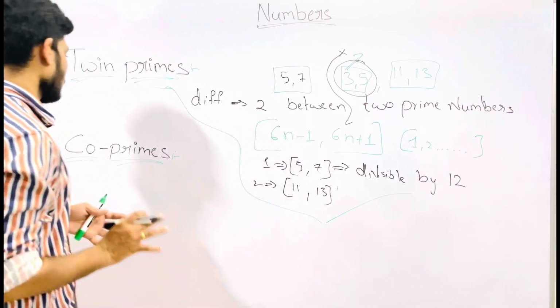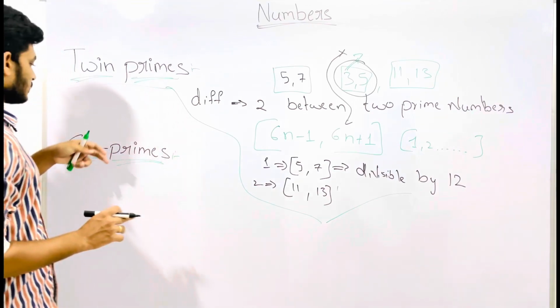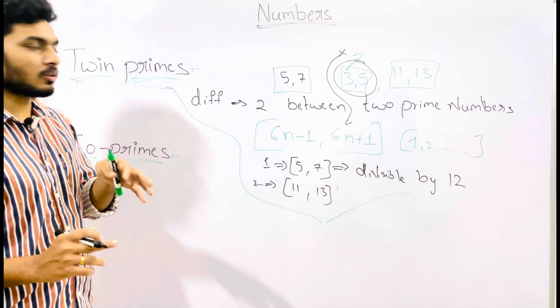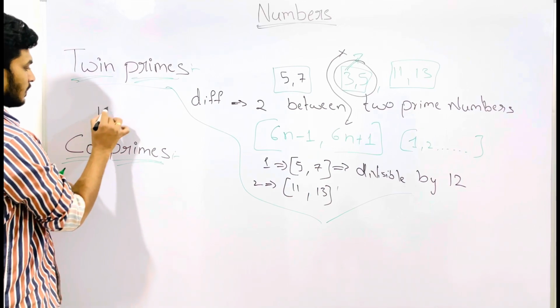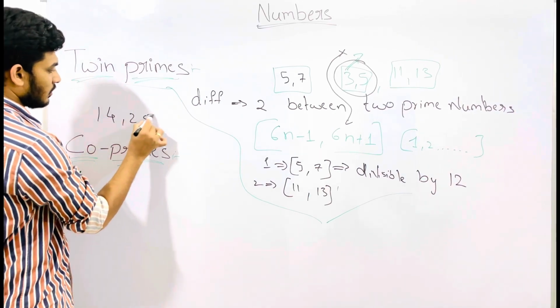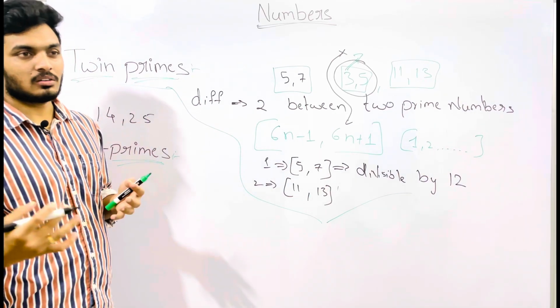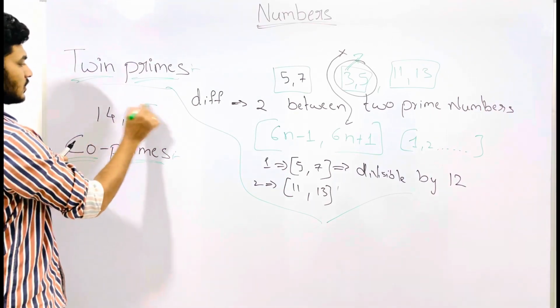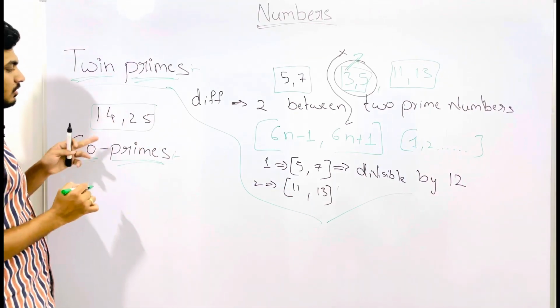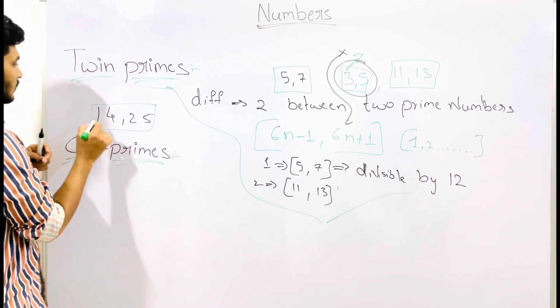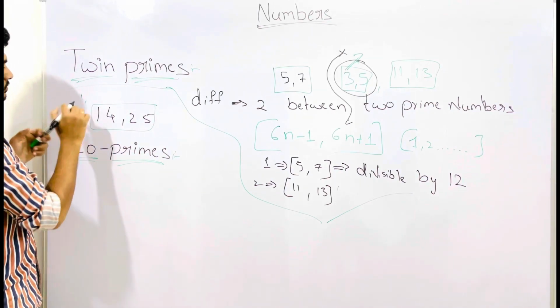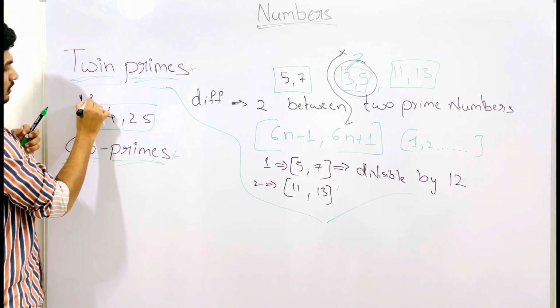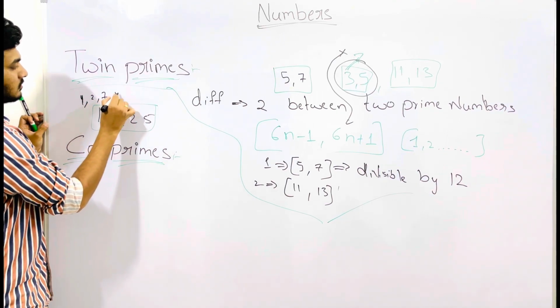I'll explain it clearly. When you take two numbers, suppose 14 and 25, the factors of 14 are 1, 2, 7 as well as 14.